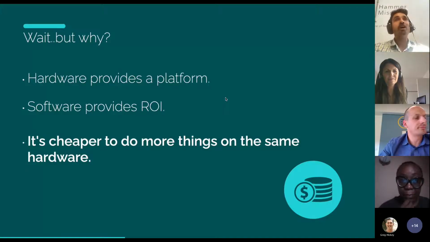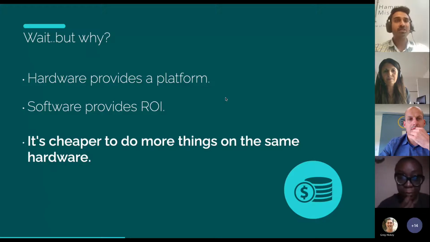From my perspective, hardware for any one of these specialized machines is just an entry point. It's just a platform for us to be able to do something. And it's actually the software, the applications, the data, and the actual use cases that drive the ROI on that hardware.